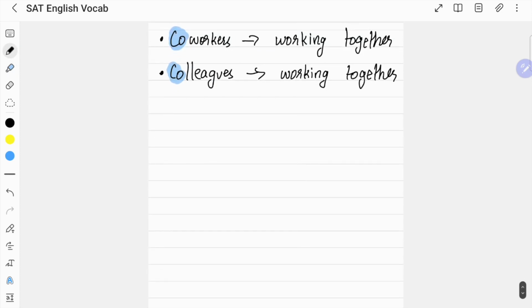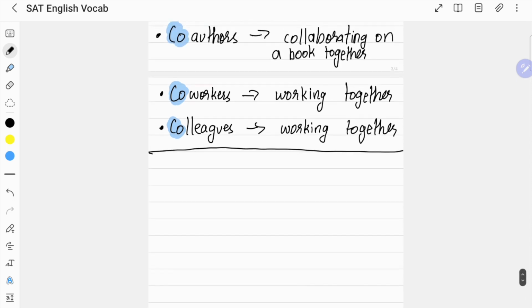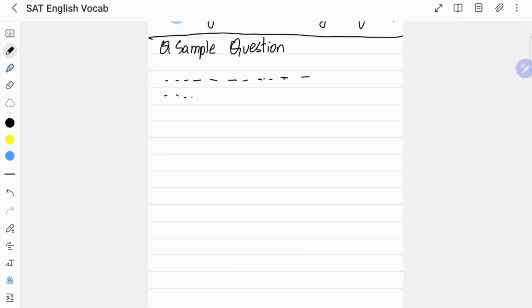So let's just end it for now and write how they would give a question. They can ask a sample question by giving a paragraph about, let's say, working conditions. And they leave a blank and the paragraph goes on.